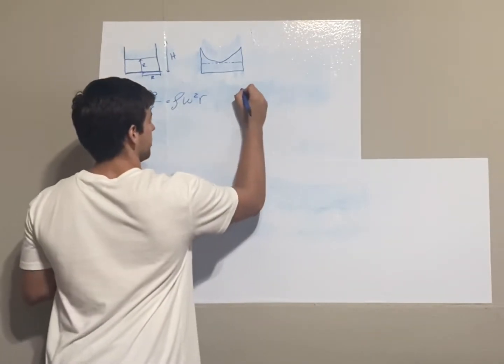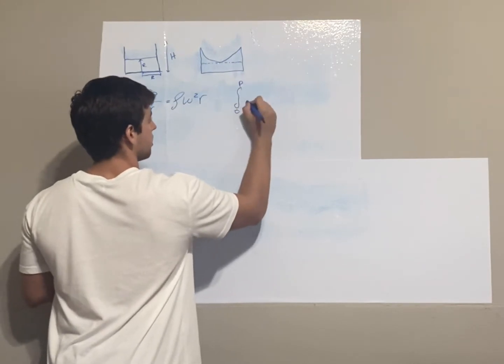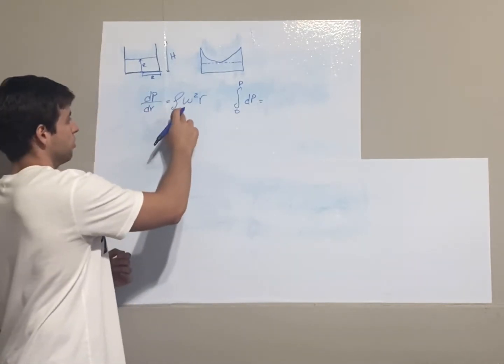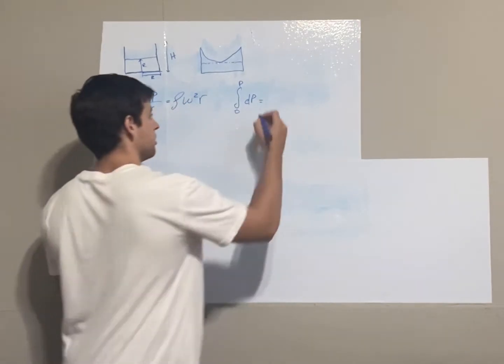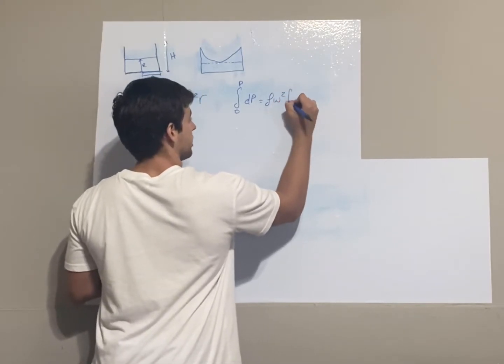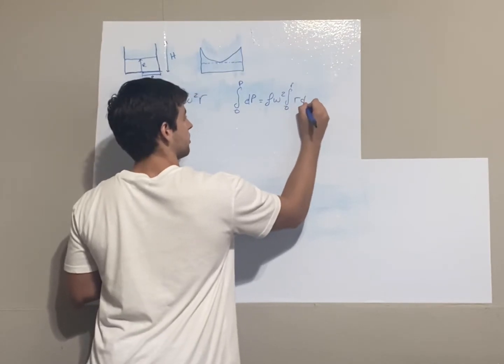So we'll have the integral from 0 to p of dp is equal to, we can pull the rho and the omega squared out front, multiplied by the integral from 0 to r of r dr.